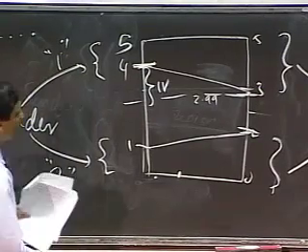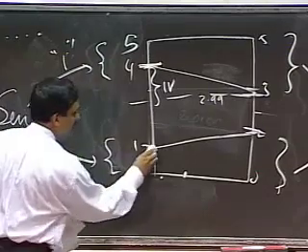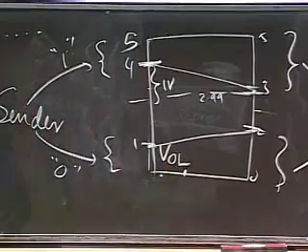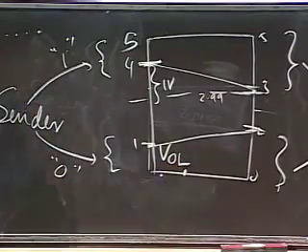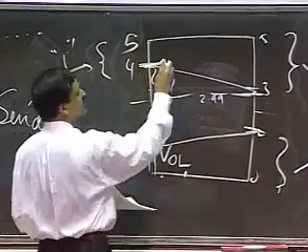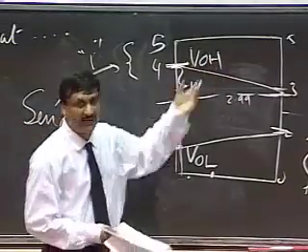So let me label these. There are 4 important thresholds here. This threshold is called VOL, V output low. These have special meanings. This threshold here is called VOH, V output high.